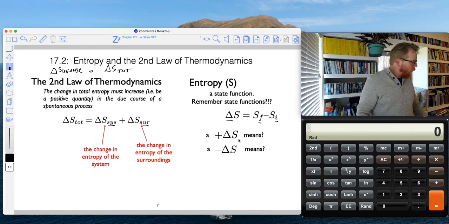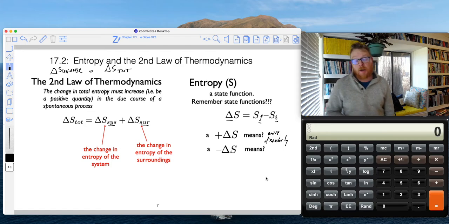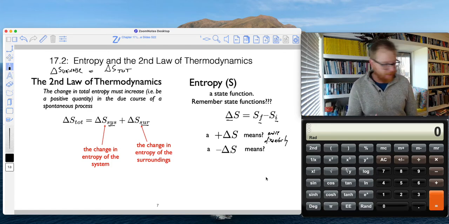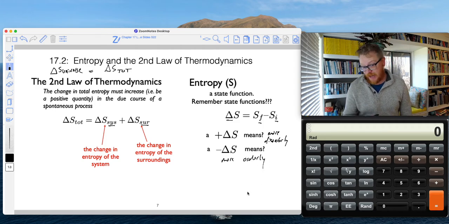So if we think about a positive delta S value, we could say more disorder or more disorderly. We've increased the number of microstates relative to the initial state, so entropy has increased.